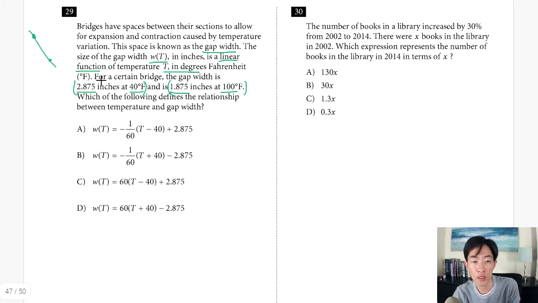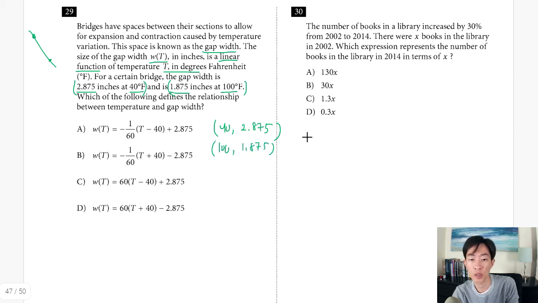So the way that I did this was I took my 2 points, I wrote them out: 40, comma, 2.875. That's obviously temperature, comma, gap width. And the other point is 100, comma, 1.875.